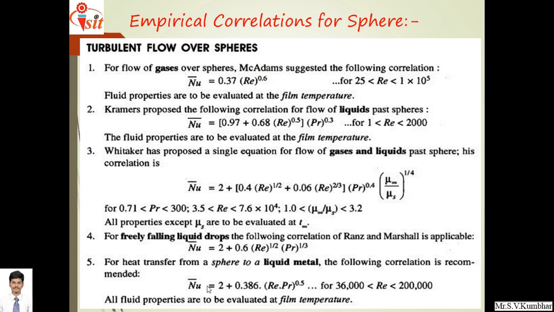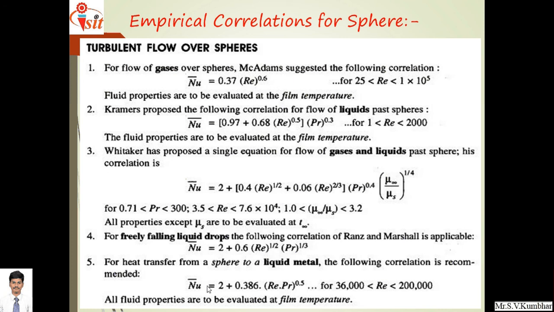Reynolds number must be greater than 3.5 and less than 7.6 into 10 raised to 4. The ratio mu infinity upon mu s must be greater than 1 but less than 3.5.